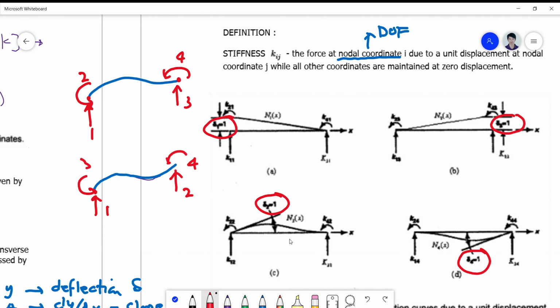So basically our program will use a numbering such as this to make your stiffness matrix much easier to figure out later. Okay, but the other books use this numbering, just like this one here.